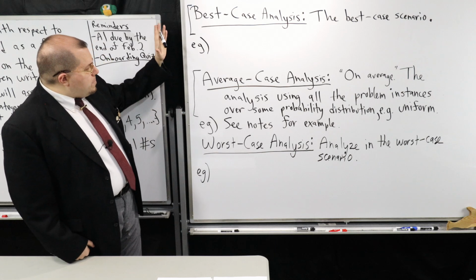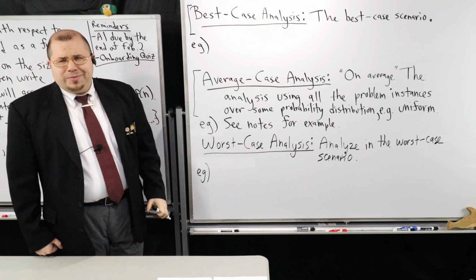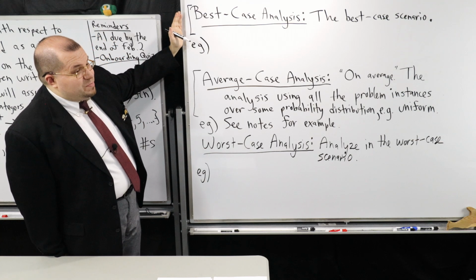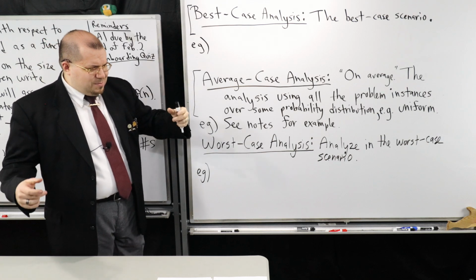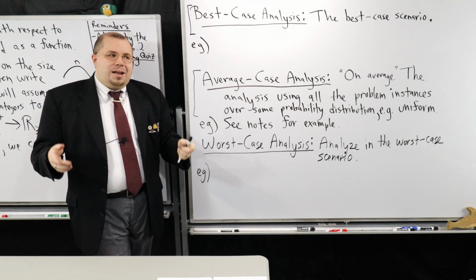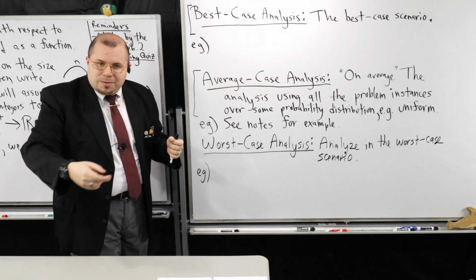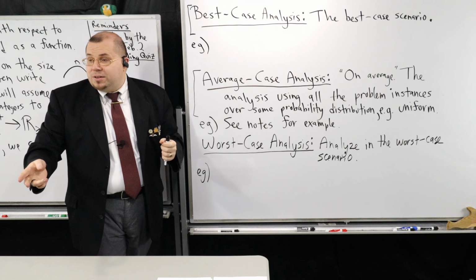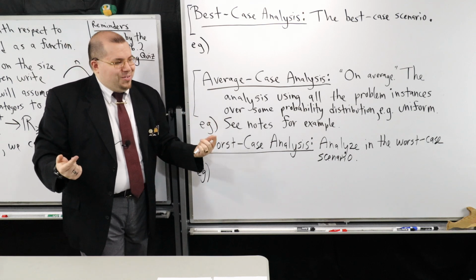So there are 3 main kinds of analyses that you'll run into very often when we study data structures and algorithms. The first one I'm going to talk about is best case analysis. You might ask, okay, why do we need different cases to look at? Like I said, I can give you several different kinds of instances. For example, in the sorting problem, I can give you several different instances, all with the same input size, that all, in fact, have different behavior.